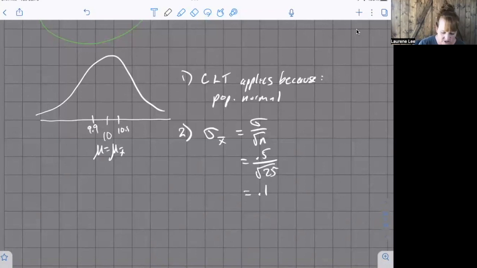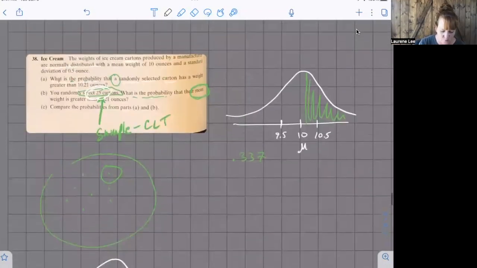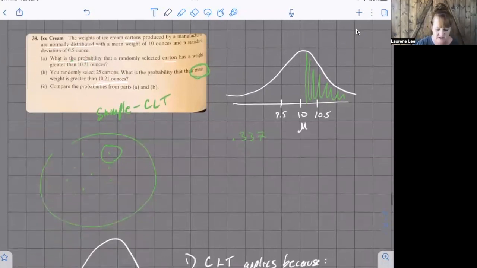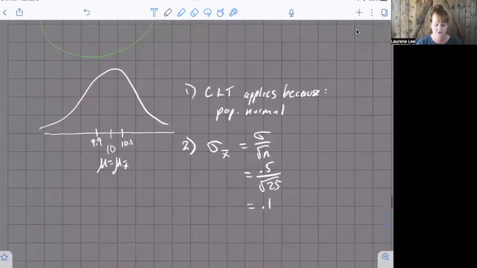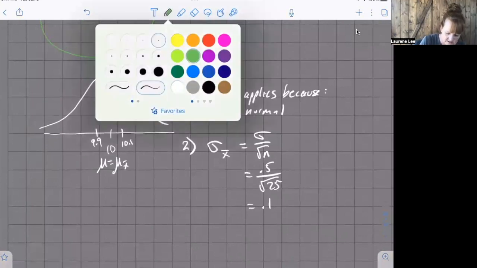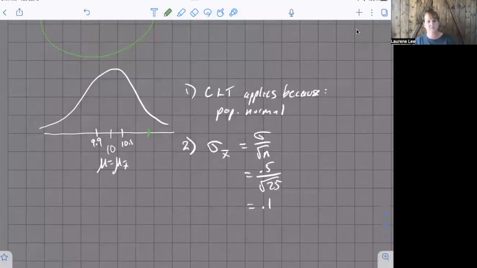Okay, and then the question is the same for this. It's what's the probability that the mean weight is greater than 10.21 ounces. So I'm still doing 10.21, but because I'm on my sample means, the scale's a little bit different, like it's shrunk in because of the standard deviation. Now look at where 10.21 is. It's way out here, right? Because that's going to be 10.1 and then 10.2, 10.21.